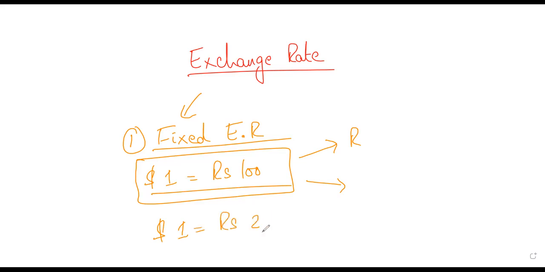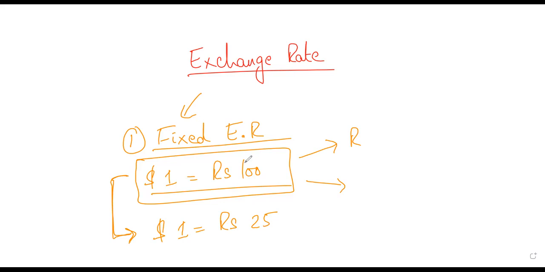Think about this. My question: if you have moved from this value to this value, which of the two currencies became stronger? Abdurrahim, which of the two currencies became stronger? Dollar or rupee? Any guesses? No guesses?